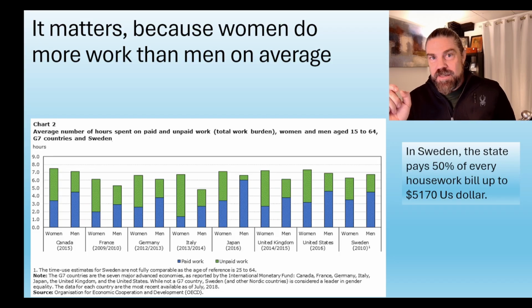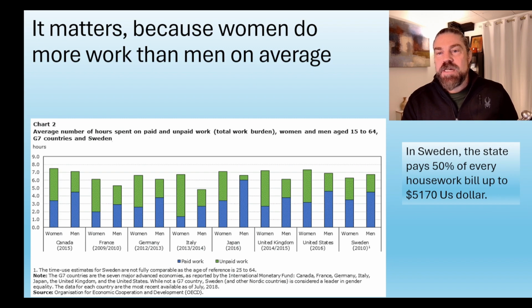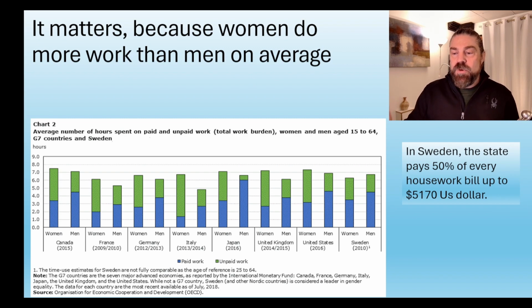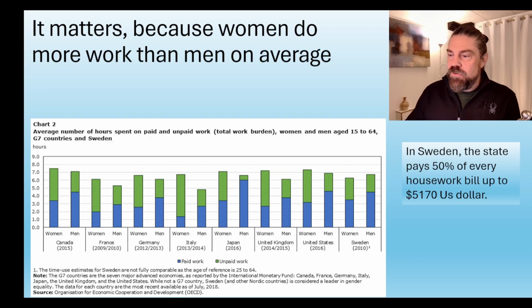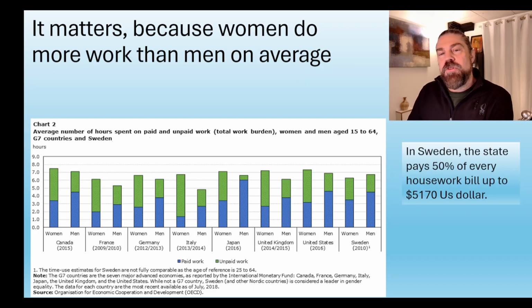What does that mean? Families are more likely to hire out people to do housework so that women can go and do more paid work, go and work in the office or as cleaners as well. And men can also, of course, work as cleaners, doing housework and odd jobs and things like that.